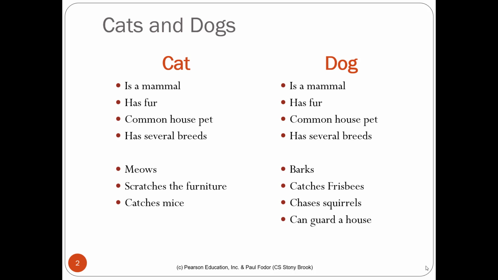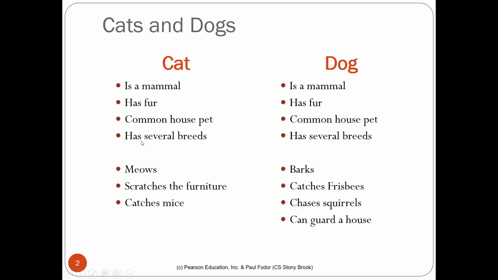Now, how are cats and dogs different? Cat makes a different sound, which is different from the barking sound which dog makes. So these points are the differences between these two classes. When we think about the class hierarchy for inheritance, we need to keep in mind similarities as well as differences.